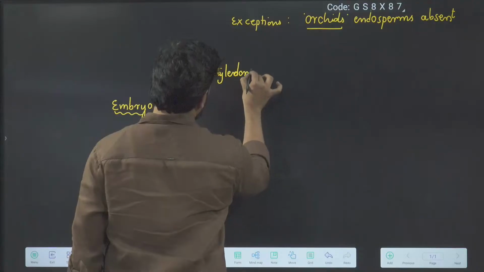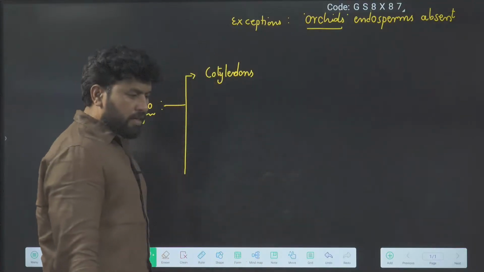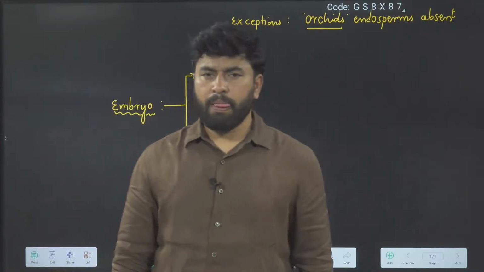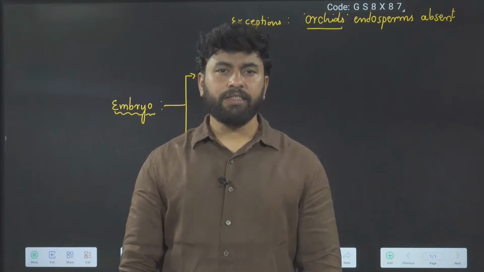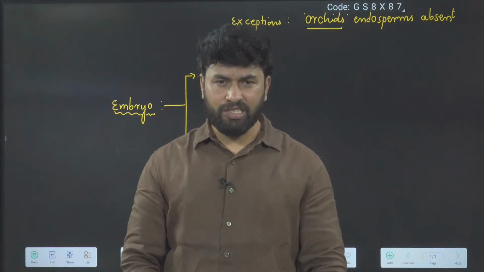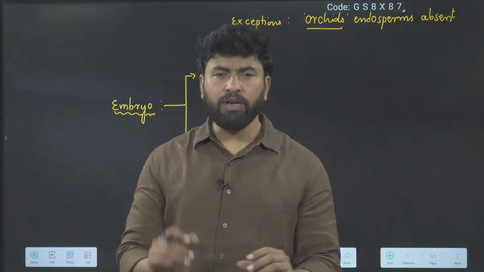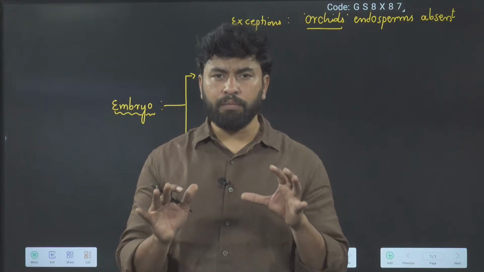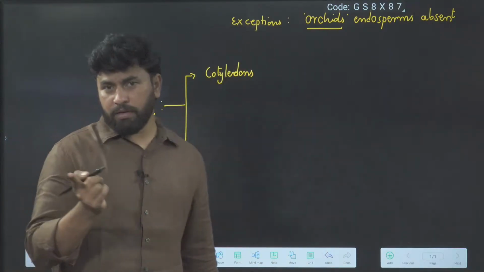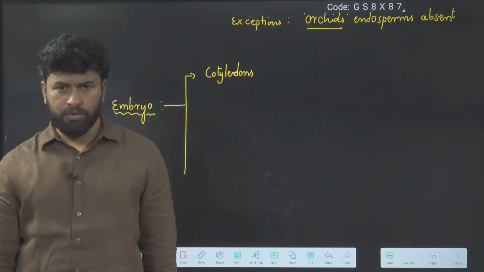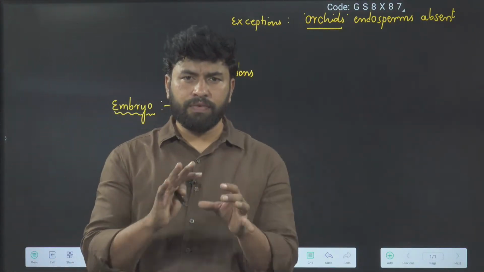If anybody asks whether the cotyledon is a part of an embryo, of course. Cotyledons sometimes get enlarged, sometimes they do not. But anyhow, cotyledons are a part of the embryo. They are not a part of the endosperm. I understand many students have got confused in this.